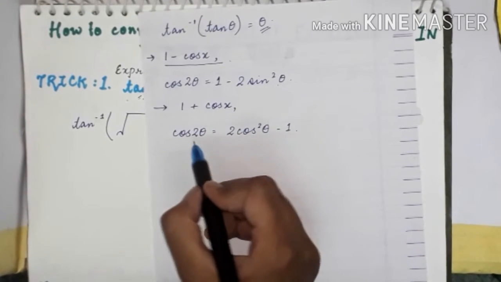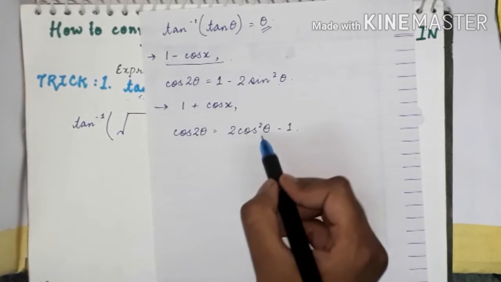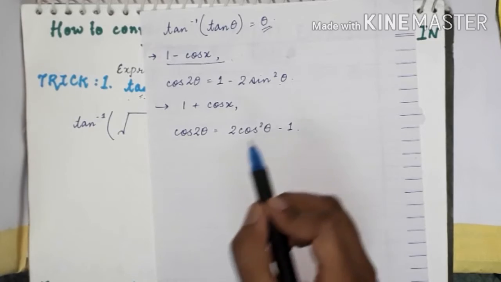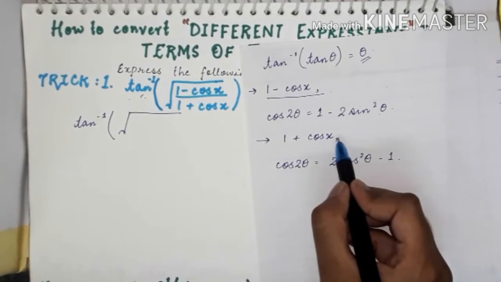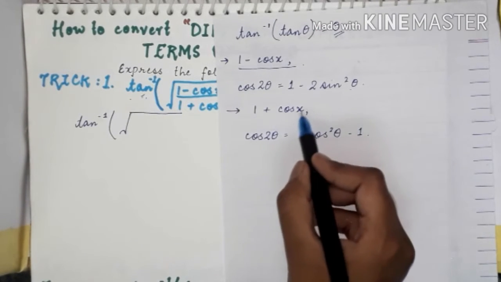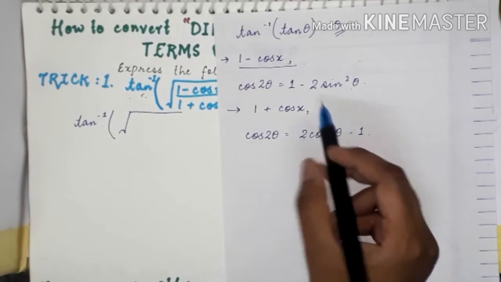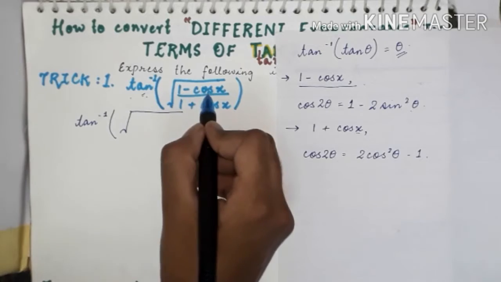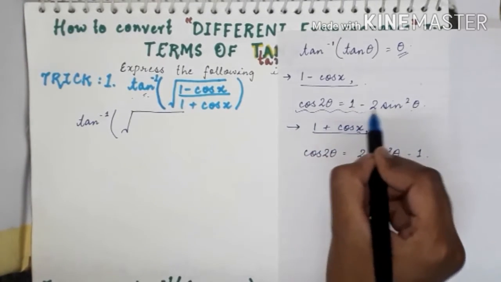So here you are seeing that the angle is 2 theta and then it becomes just the half. 2 theta gives theta here. So similarly, here you have cos x. So when you write the formula of cos 2 theta in place of this, then the angle that you will get here will be x by 2, half of this. See how to do it. 1 minus cos x, you have to use this formula.